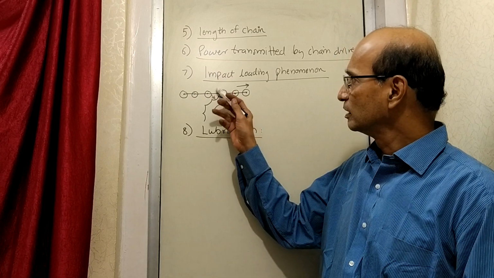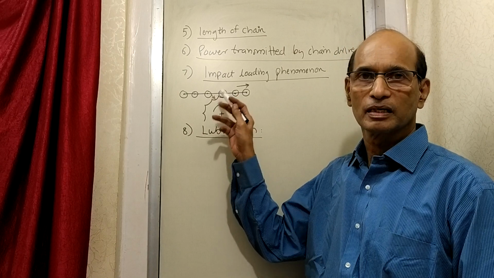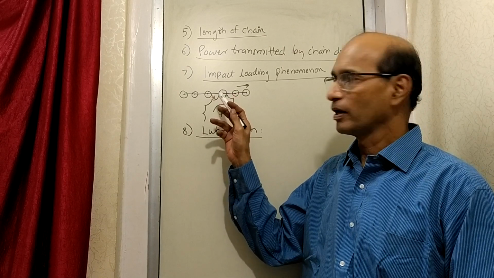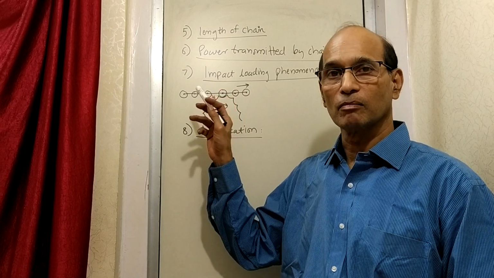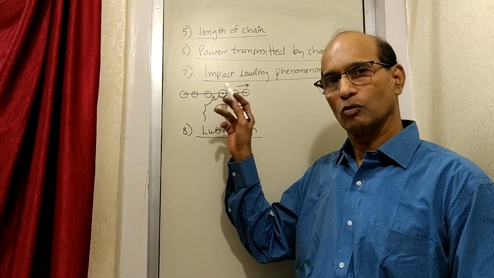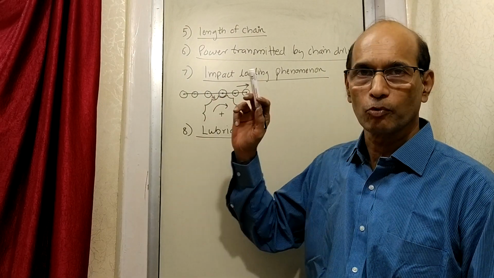As you can see here, there is a roller, there is a link, there is a pin. So all the time some movements keep on taking place. Wherever there are movements, there will be friction, and when there is friction, there may be some loss. So we need to have lubrication provided at all these points, which is not the case for a belt drive.